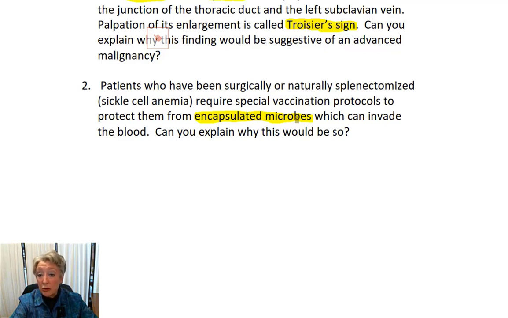And so we institute a vaccination protocol that will protect these people in the absence of a spleen to make the antibodies necessary so that those antibodies can both perhaps activate complement and also serve as opsonins, things that coat a microbe and allow it to be more easily grabbed onto and held. Okay? Opsonization, if you recall, is the process of coating a particle with either an antibody or complement in order to make it more easily engulfed by phagocytosis.